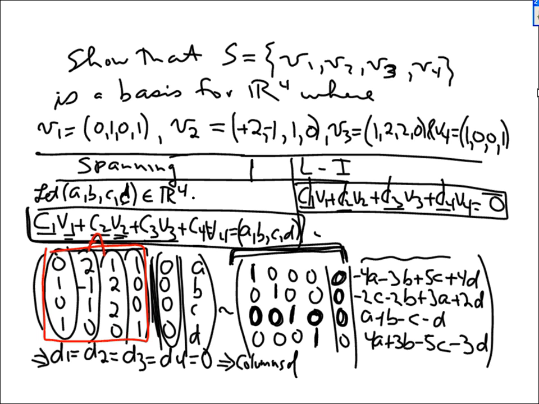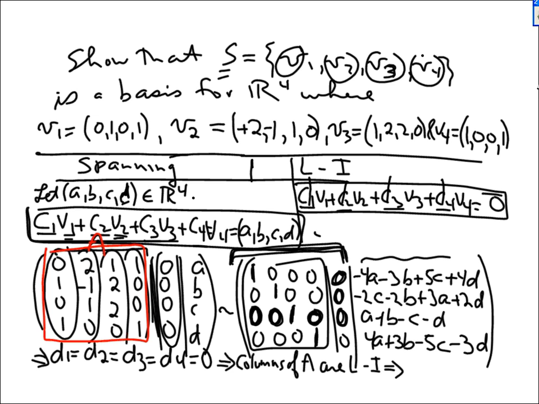This implies the columns of A, because we got it to be row equivalent to the identity matrix, are linearly independent. The columns of A were just S: V1, V2, V3, and V4.